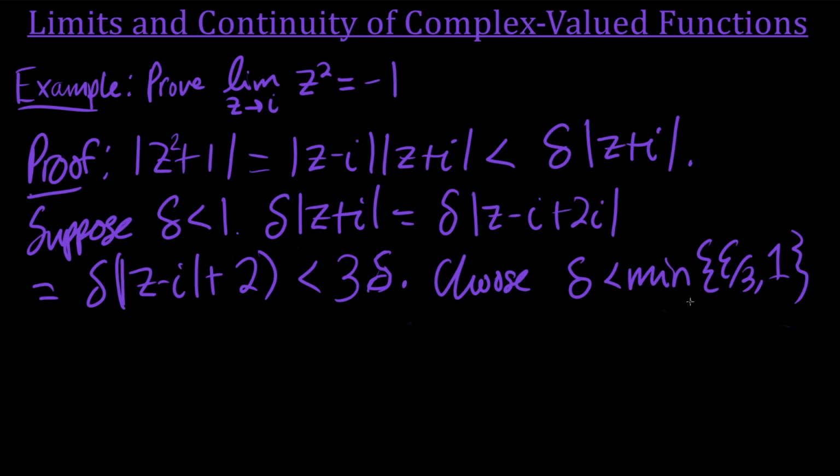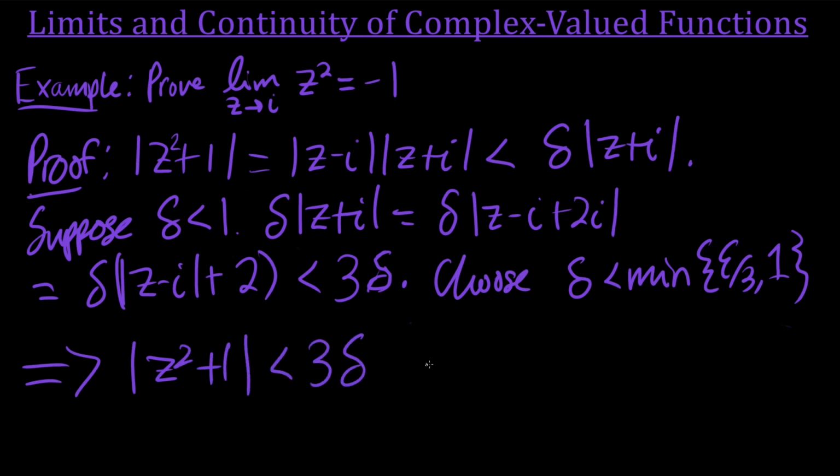We also know that if delta is less than epsilon over 3, which is also guaranteed by this inequality, that gives us the modulus of z squared plus 1 is less than 3 delta is less than epsilon. The reason for this is that delta is less than epsilon over 3, and so multiplying by 3 on both sides, we get that 3 delta is less than epsilon, which is this inequality right here. And so we've just completed our proof.